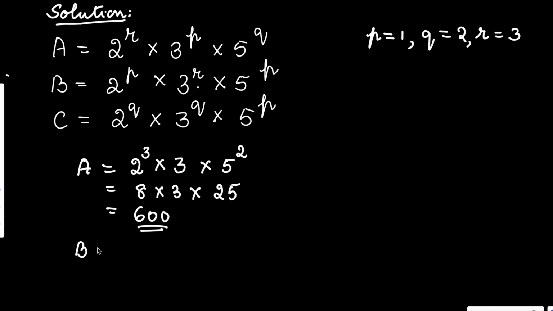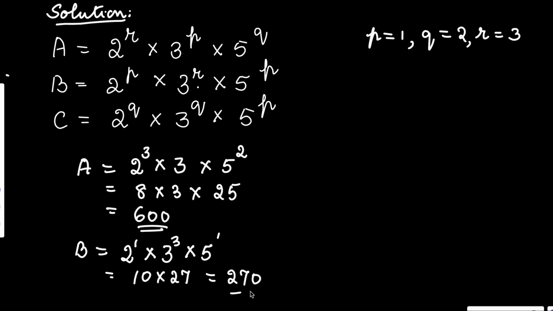Next we find out B, which is equal to 2 to the power of P, that is 1, into 3 to the power of R, R is 3, and 5 to the power of P, which is 1. So 5 2s are 10, 10 into 27, 3 cubes. So we are getting 270.